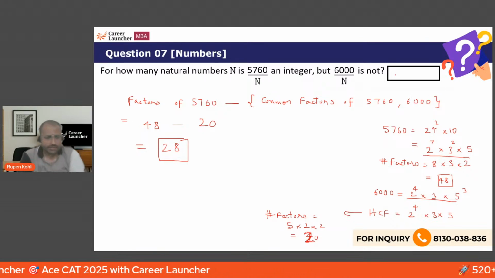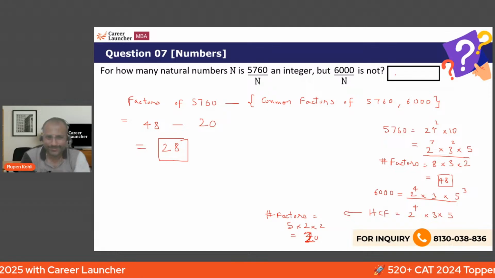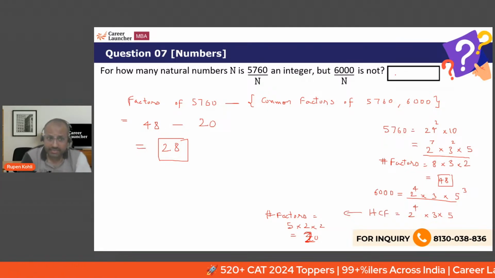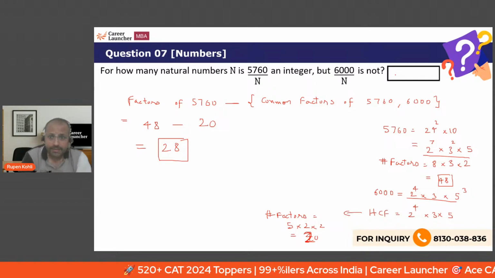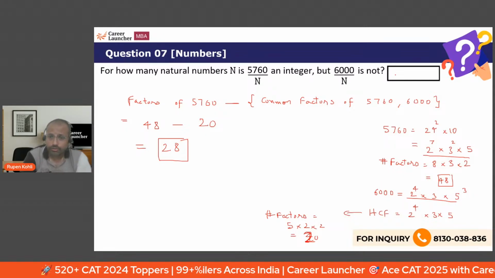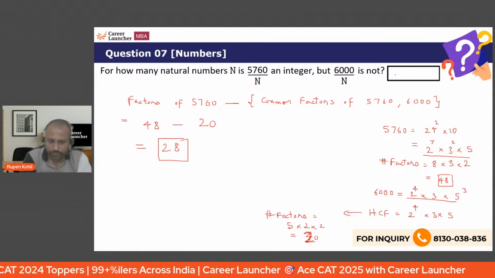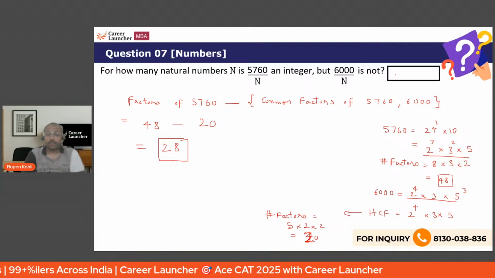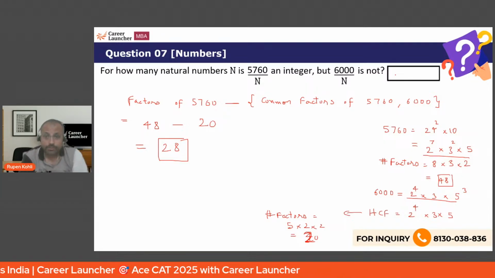All right, isn't it? So people, divisibility, HCF, LCM, factors, I think all the concepts rolled together in one problem, one single liner. And that is what CAT exam is all about, right?